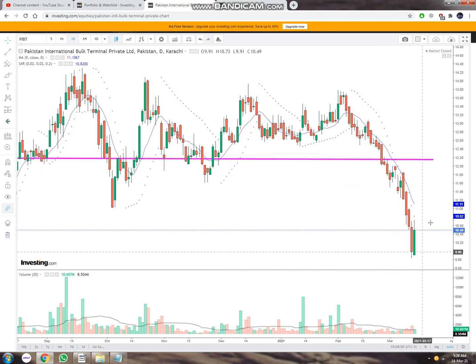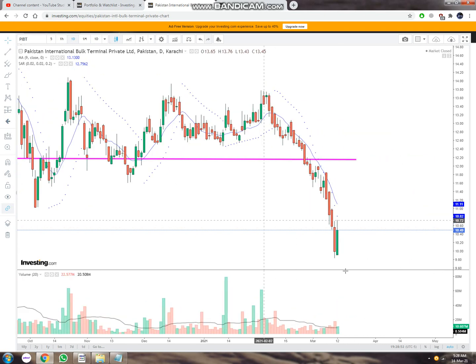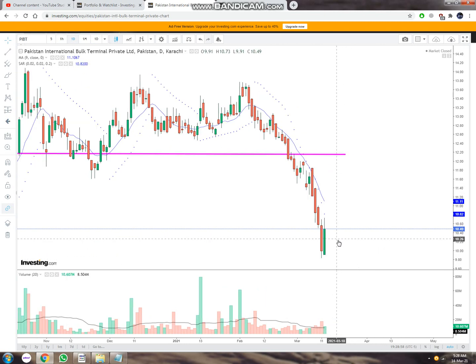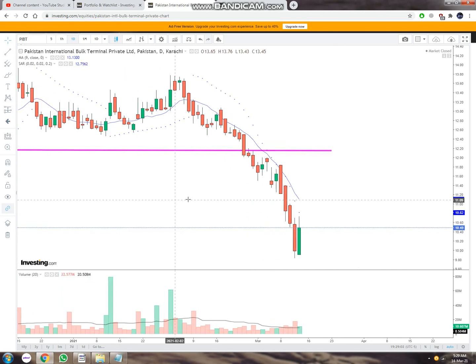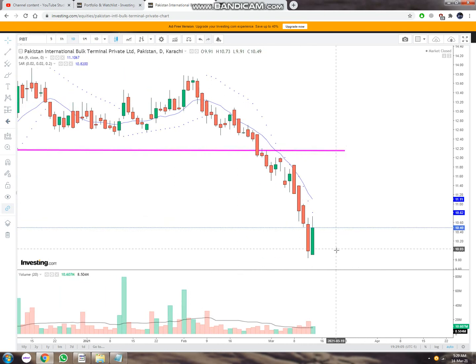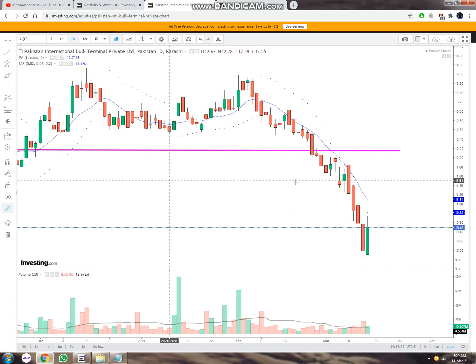Now you will have to wait for it to show what the next step of this stock will be, because at this point a strong bullish candlestick appeared, but we don't know what will happen next since it is generally a downtrend. We'll have to wait for it to show us the results.